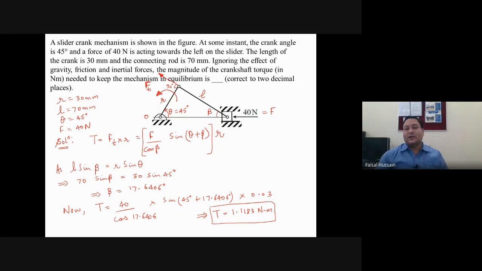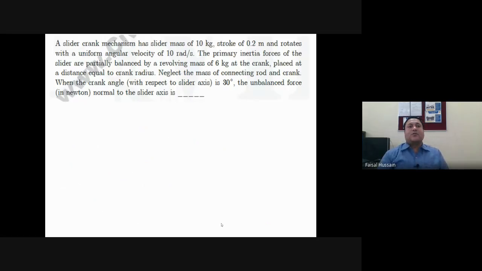Okay. Now let us read the second problem. A slider crank mechanism has a slider mass of 10 kg, stroke of 0.2 meter and rotates with a uniform angular velocity of 10 radian per second.